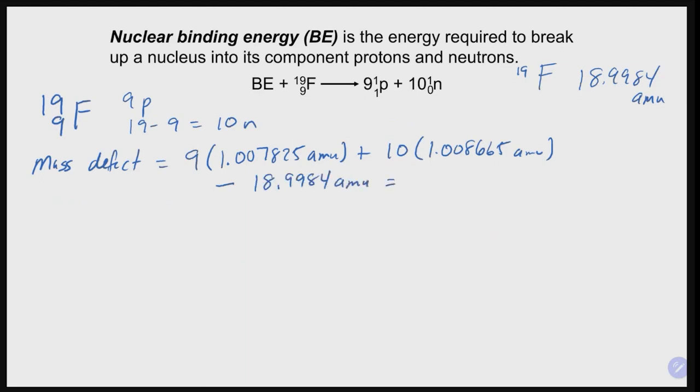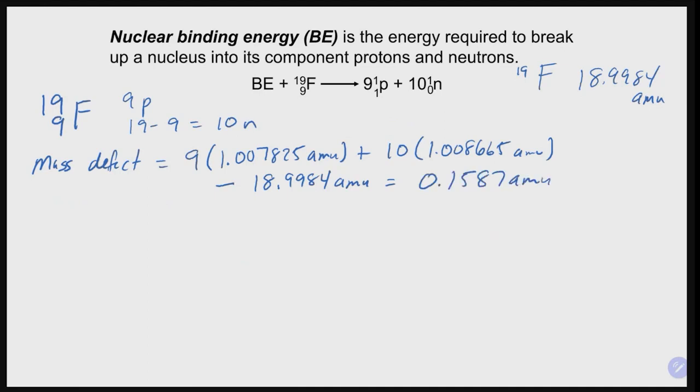So we're taking the mass of all the protons and the mass of all the neutrons that make up the nucleus, and subtracting from the atomic mass of that isotope. If we do that, we will end up with a mass defect of 0.1587 AMU.